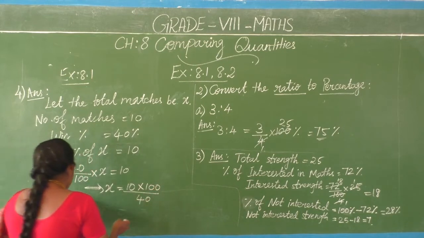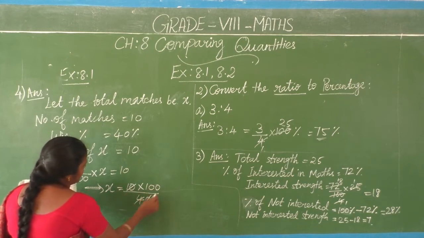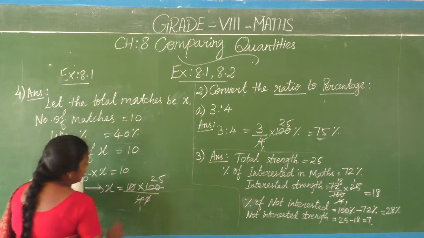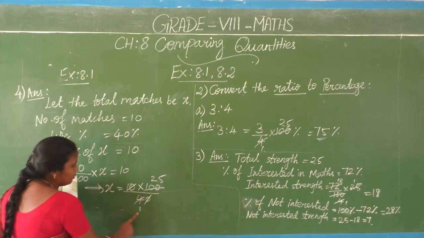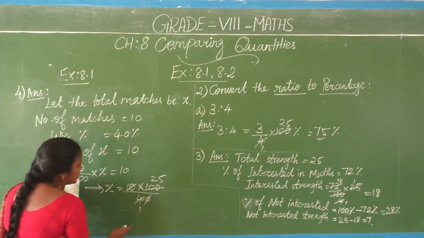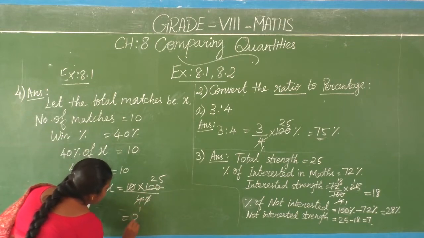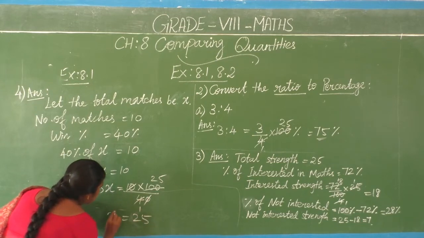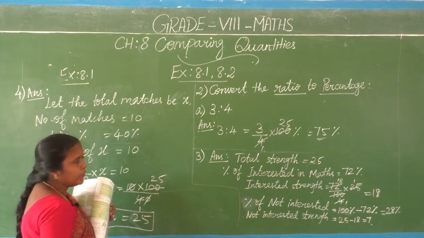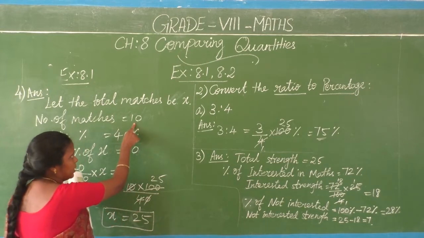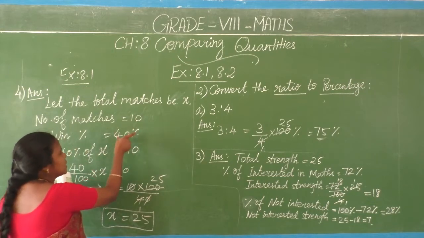If you simplify, 1 4 is 4, 25 4s are 100. 1 10 is 10, 4 10s are 40. So total matches are 25 here. In that they won 10 matches. The 10 matches are given in percentage wise as 40.